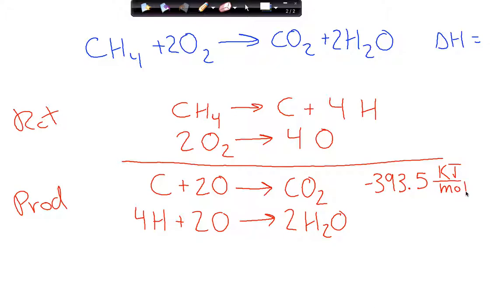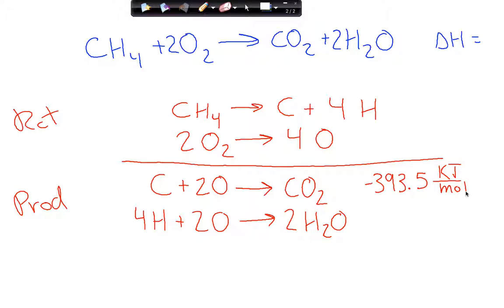Now, what about water? Well, this is interesting. You see water over there on the right? Yeah, so are we going to use the liquid or the gas? Well, let's put this in context. So, this entire reaction, the burning of methane, this is the Bunsen burner reaction. So when that happens, does our Bunsen burner drip?